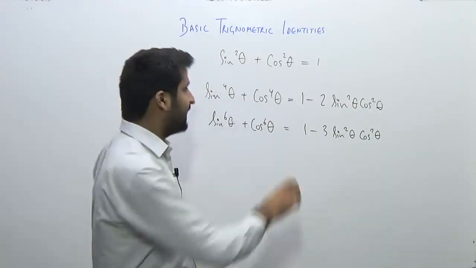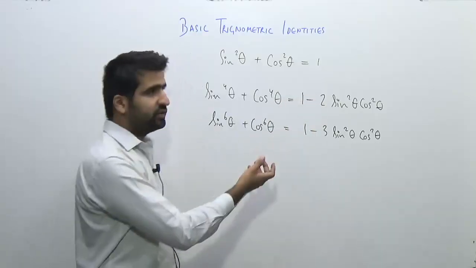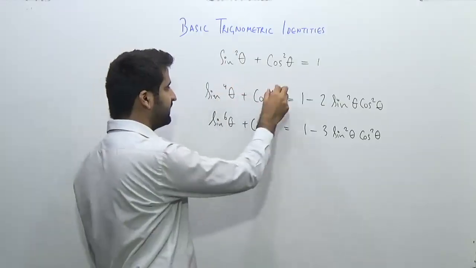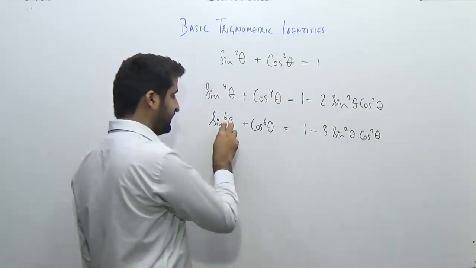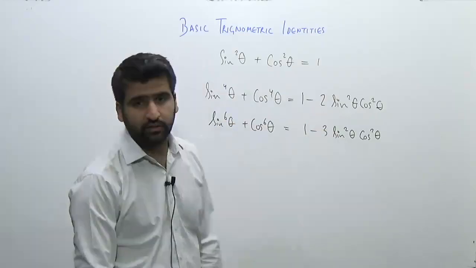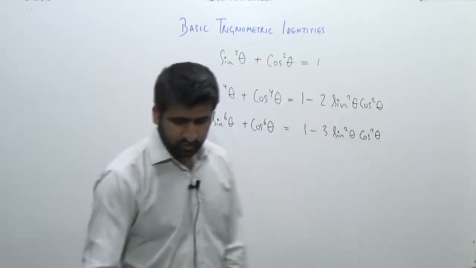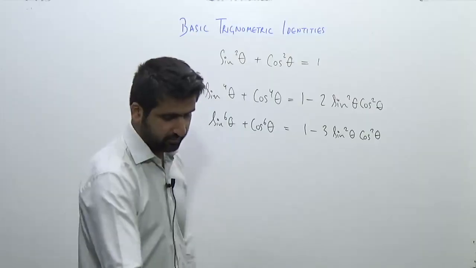Instead of calculating every time, we can simply do this. This is very easy to remember also: sine to the power 4 theta plus cos to the power 4 theta will be equal to 1 minus 2 sine square theta cos square theta, while in the case of 6 theta, here in case of 2, it will be 3. Okay. So next, let's move on to the addition and subtraction formula.